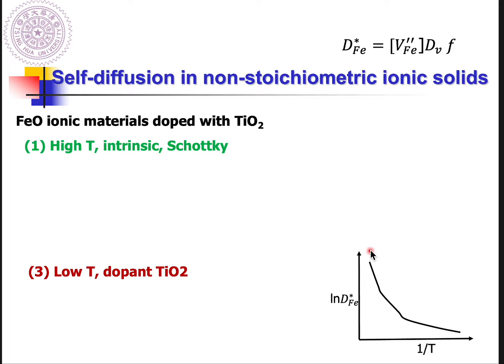Then you can find that this curve can probably be fitted with 3 straight lines.